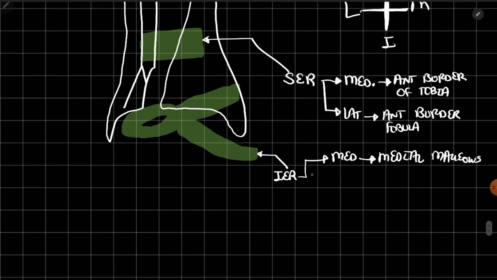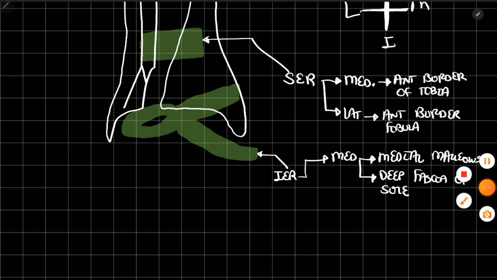Another attachment on the medial side is the other band of the Y, the stem of the inferior extensor retinaculum, which is the deep fascia of the sole. So it is not attached to any bony prominence, but to the deep fascia of the sole.